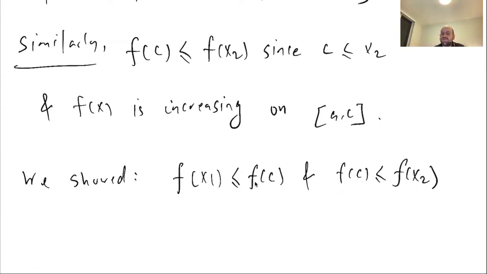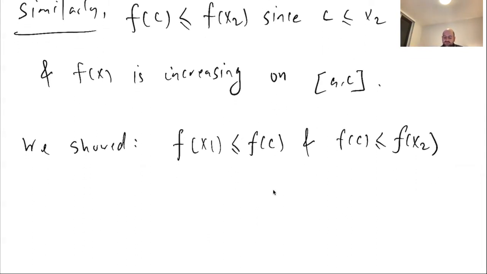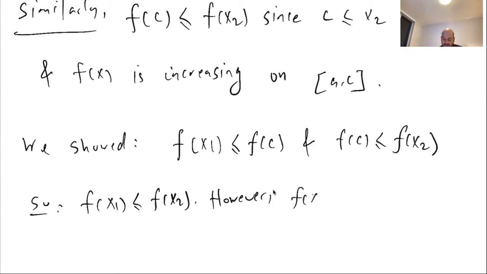So when will this inequality change to equality? If x1 equals c. Let me write this down. So we show this and this. So we can say that f of x1 is less than or equal to f of x2. However, f of x1 equals f of x2 cannot happen.